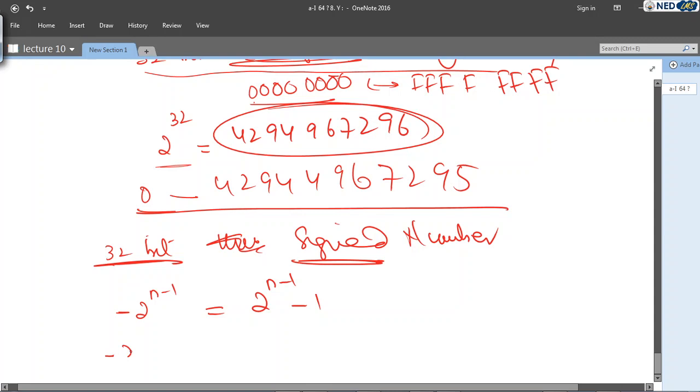So n minus 1 would be 31, because we have 32 bits, and the range will go from minus 2 to the power 31 to 2 to the power 31 minus 1.